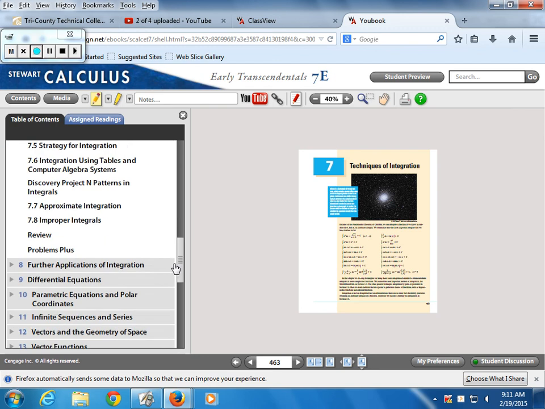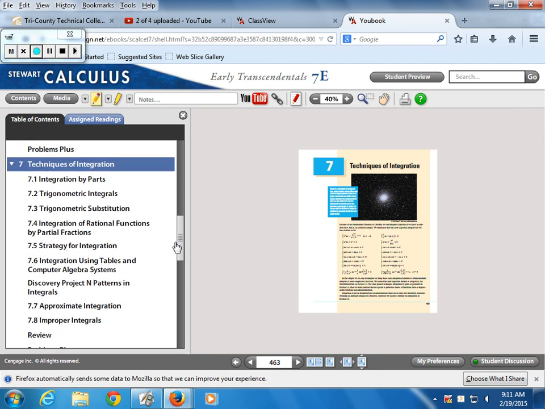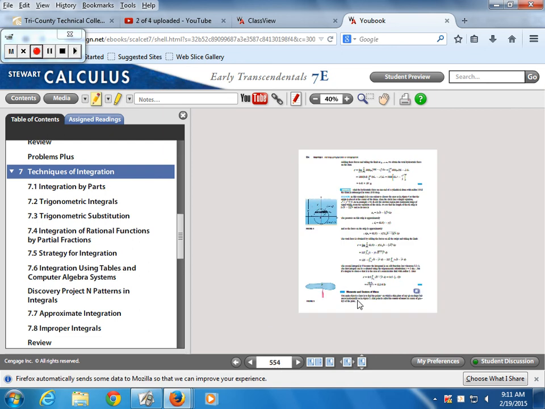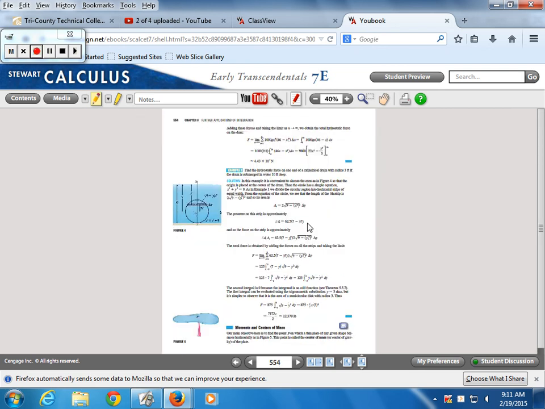No, because that's... I'm sorry, what? 554? Wow. They just put it in another chapter. Oh well. Because there's what the center of mass is right there. Moment and center of mass. Thank you.